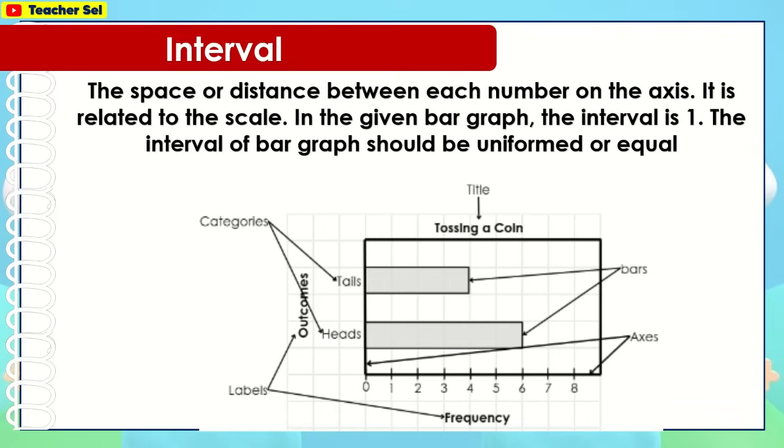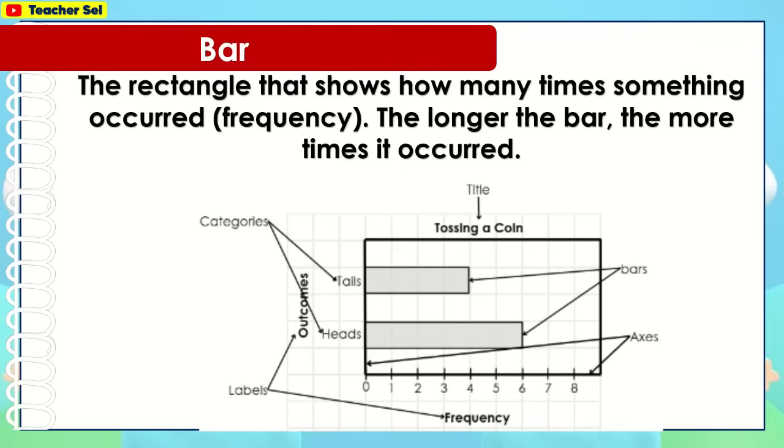Interval, the space or distance between each number on the axis. It is related to the scale. In the given bar graph, the interval should be uniform or equal. Bar, the rectangle that shows how many times something occurred, the frequency. The longer the bar, the more times it occurred.